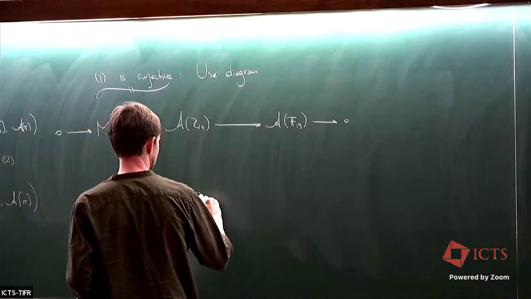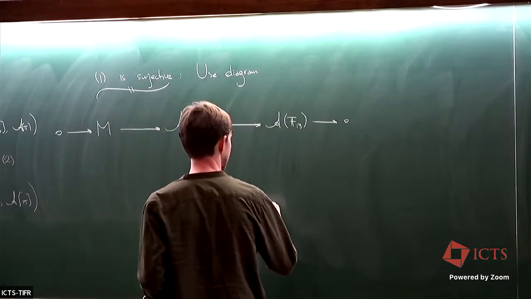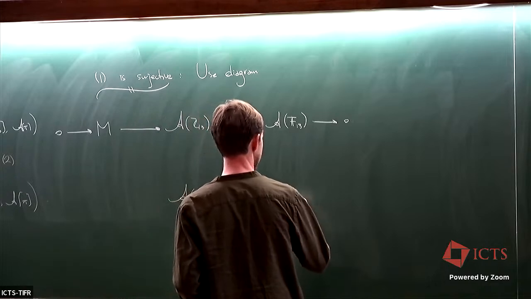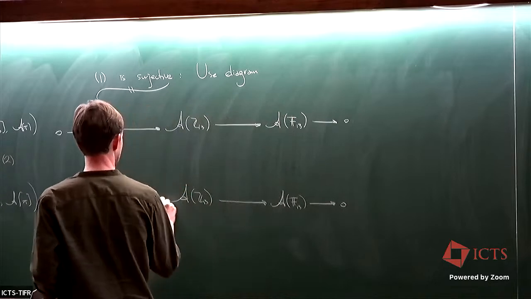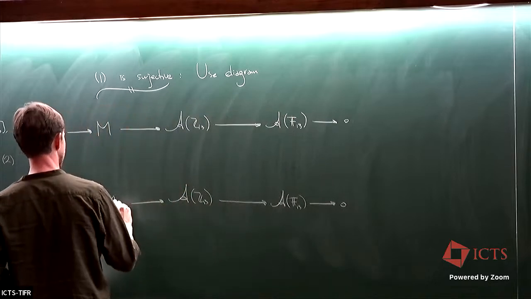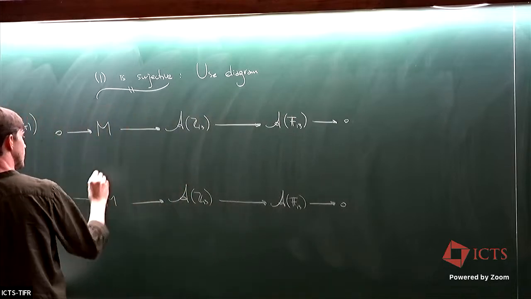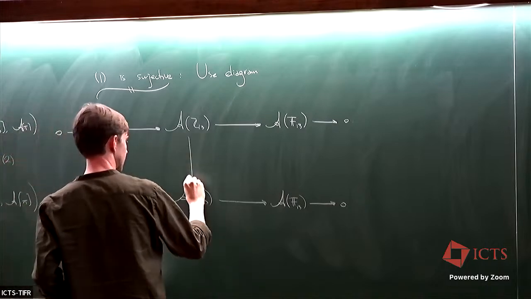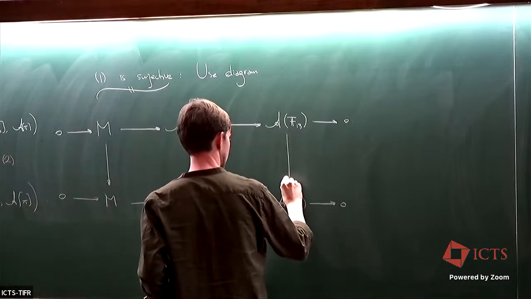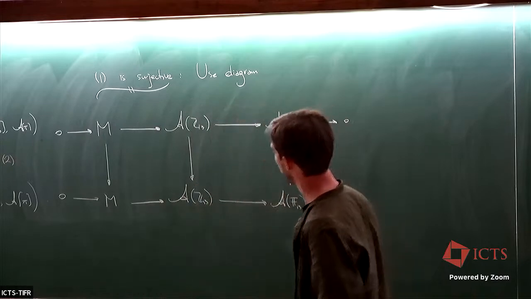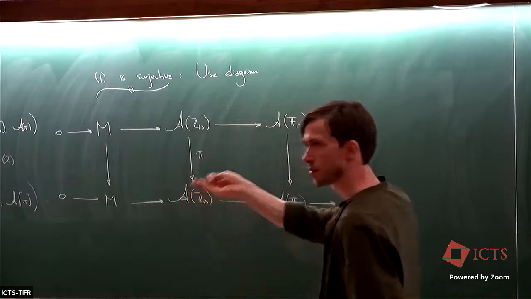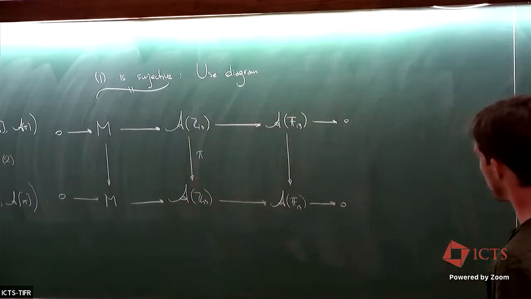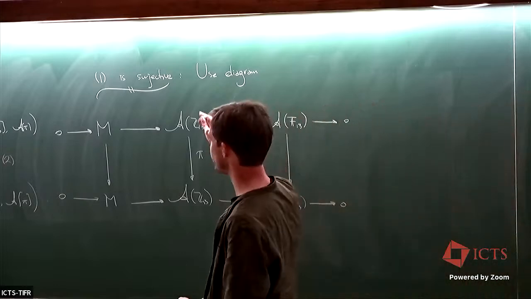I'm just going to copy what I just wrote. It's the exact same diagram. But I'm copying it because, of course, I have maps vertically connecting these two diagrams, like so, where this map is really now the map just induced by pi. We get a unique map induced on the Néron models, I'll still call it pi. All right, so that's the guy that we want to show is onto.